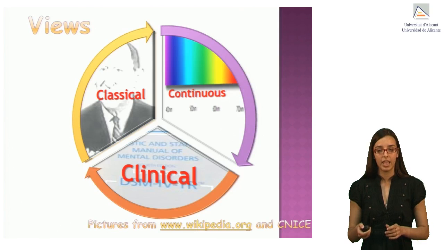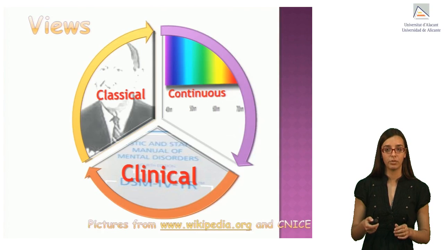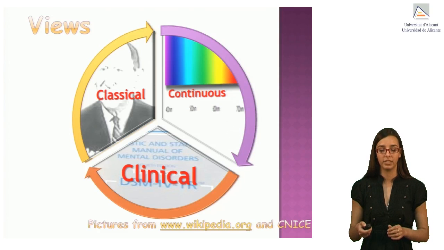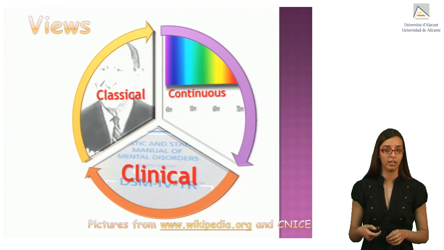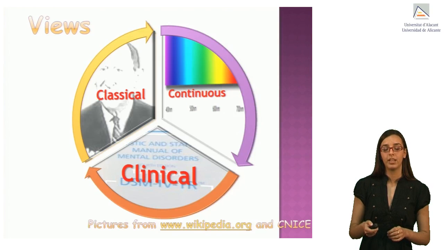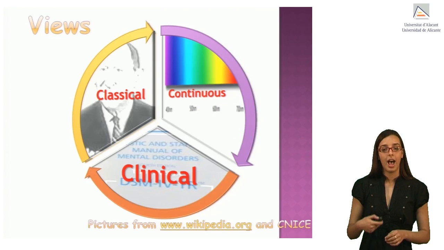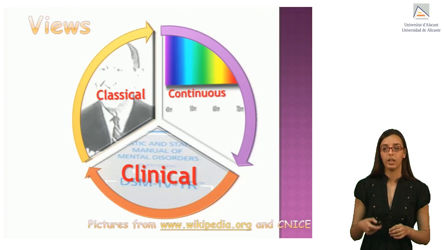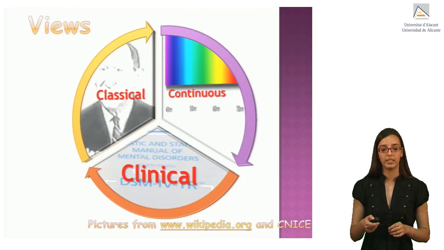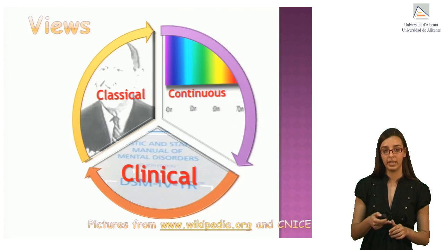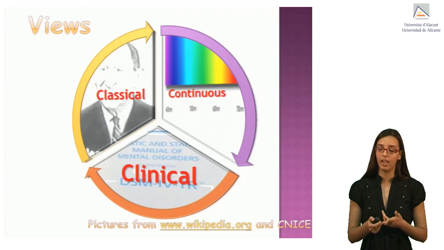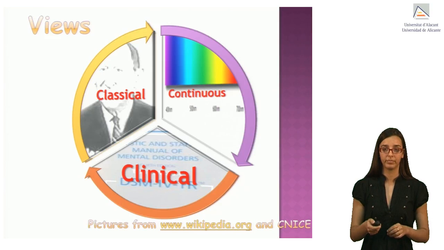Throughout history, there have been different views in relation to autism since it was first discovered. The first theory was made by Leo Kanner, who was the first author to define autism in 1943. According to this author, autistic children presented severe problems or troubles in the fields of communication, socialization, and behavior.